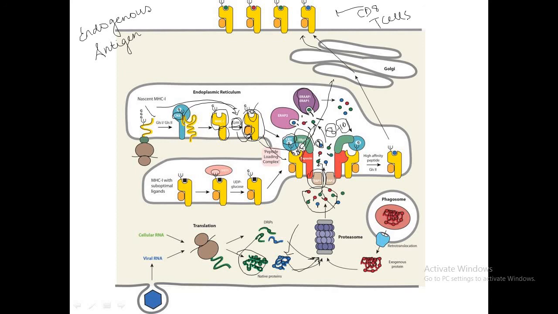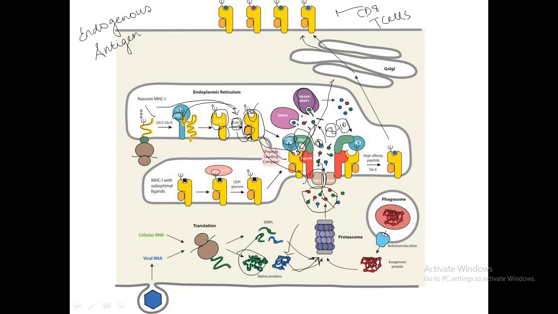This chopped protein then enters the endoplasmic reticulum via this TAP1 complex. This TAP1 comprises the protein loading complex together with tapasin as well as ERP57. Now, two chaperones play a very important role in the proper folding of this MHC1 molecule and its attachment to the protein loading complex. These are calnexin and calreticulin.